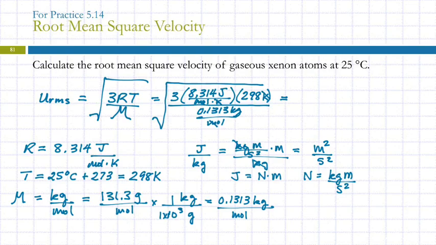So I do the math. On my calculator, I do the square root symbol first. You need to figure out what your calculator wants you to do. I've got 3 times 8.314 times 298 divided by 0.1313 equals, to 3 sig figs, 237.92, which would round to 238 meters per second.